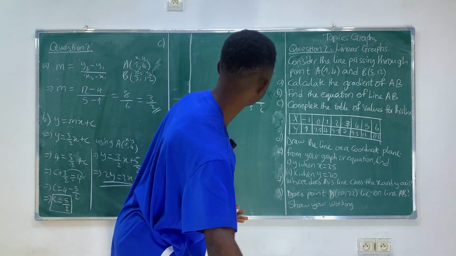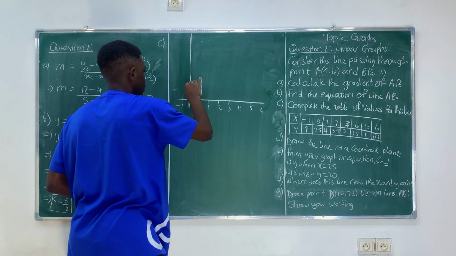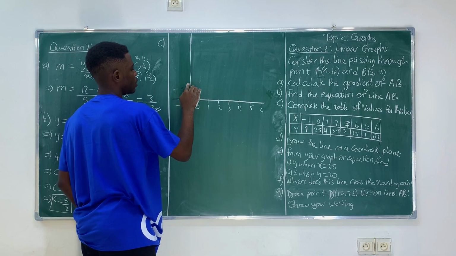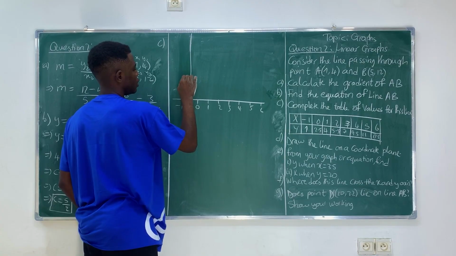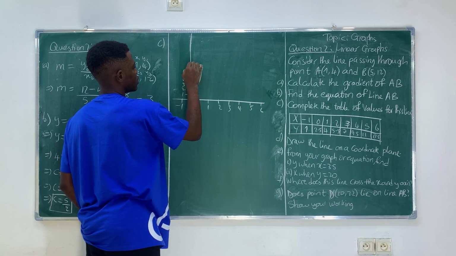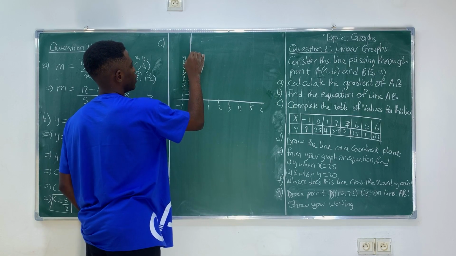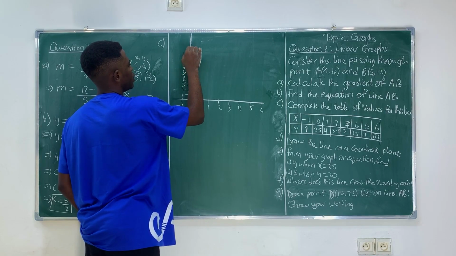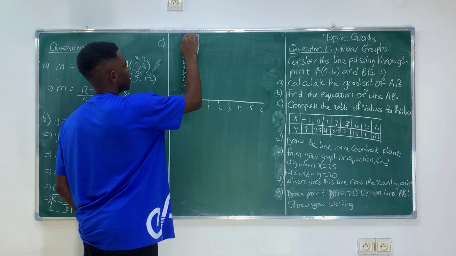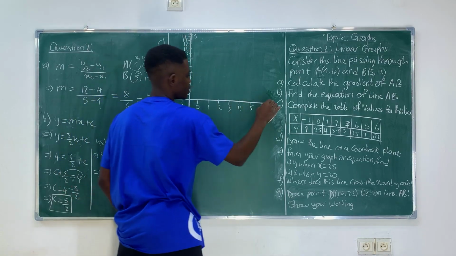Okay, so 1, 2, 3, 4, 5, 6, 7, 8, 9, 10, 11, 12, 13, 14. That's our y-axis. This is our x-axis.